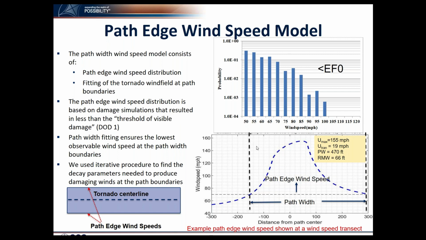Once we sample the path edge wind speed, we fit our wind field to the path using the sampled maximum wind speed, translation wind speed, RMW, and inflow, and then the model determines the appropriate decay parameters so that the path edge wind speeds are achieved at the path boundaries.